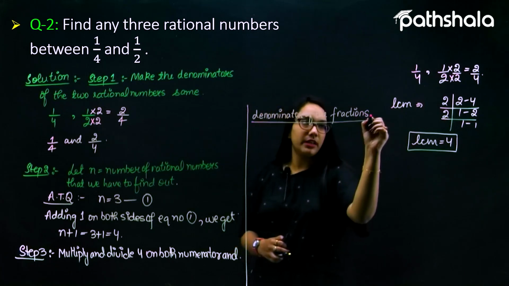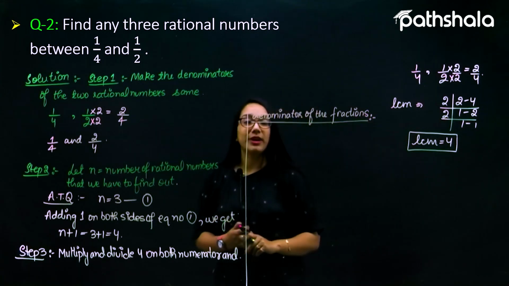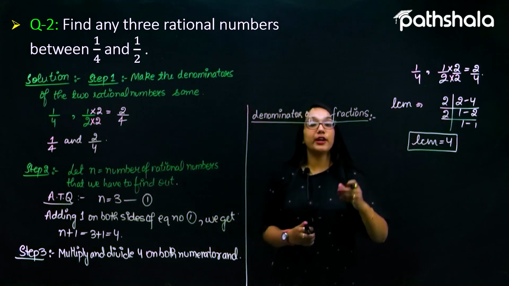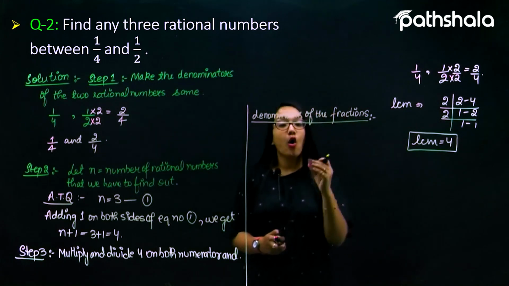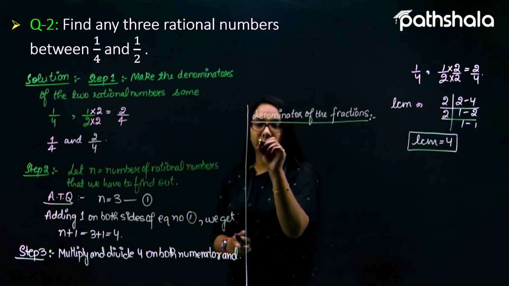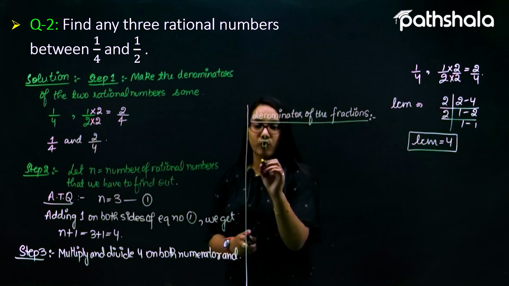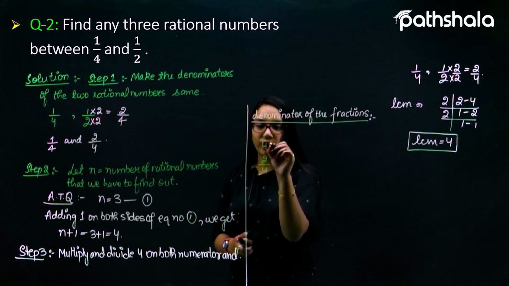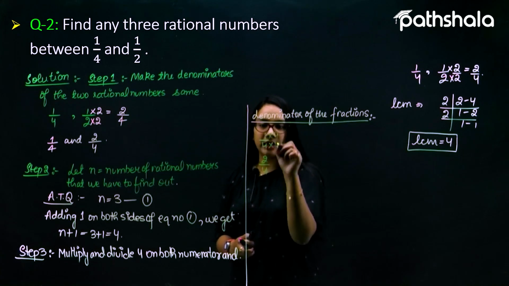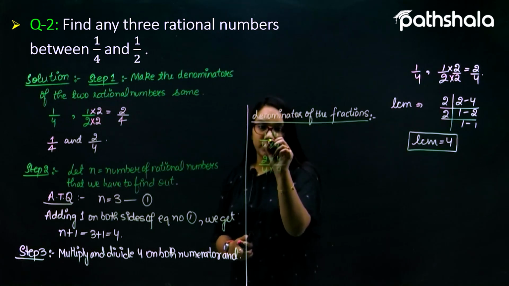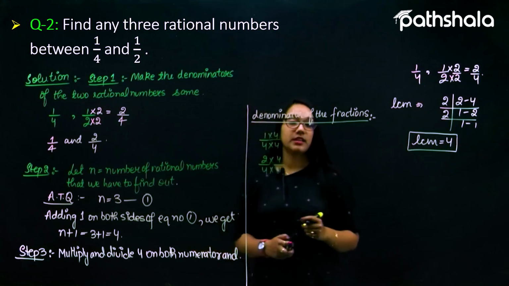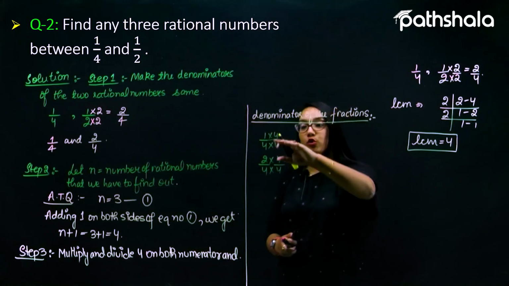What does it mean? It means that now we have to multiply 4 and divide 4 in both the numerator as well as the denominator of the fraction. As we know, the fractions we have are 1 by 4 and 2 by 4. Now multiply and divide the numerator as well as the denominator by 4 in both of these fractions.